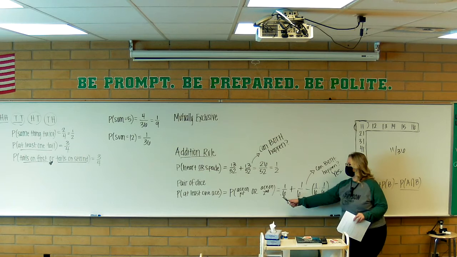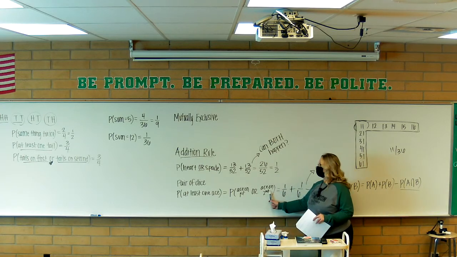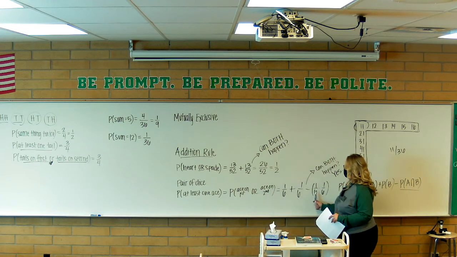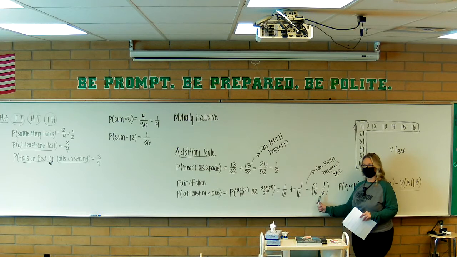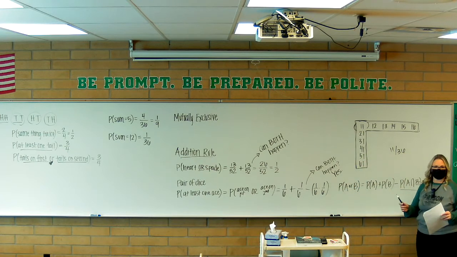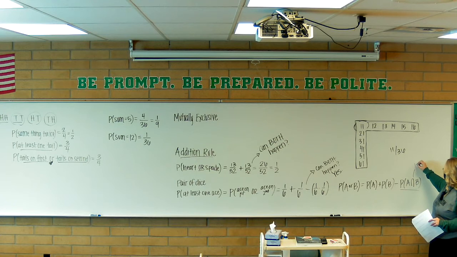If this is event A, an ace on the first roll, and event B is an ace on the second roll, we got rid of the event when what happened? When both of them happened. Okay? So there's two ways to think about this. Sometimes we say probability of A and B. Sometimes we use that symbol and say it's the word and.